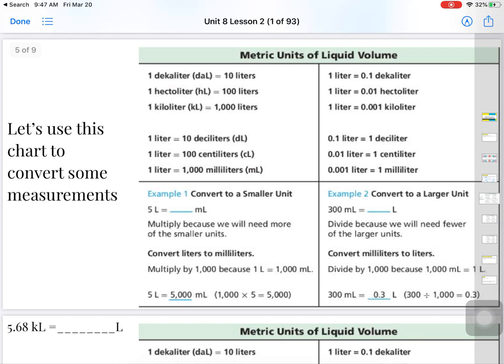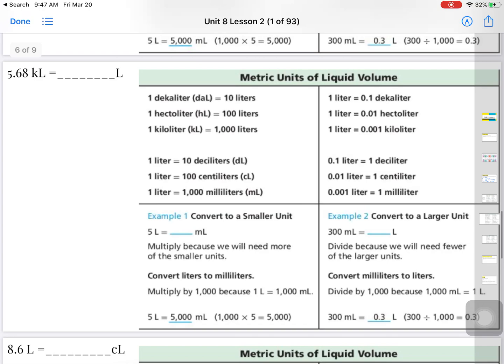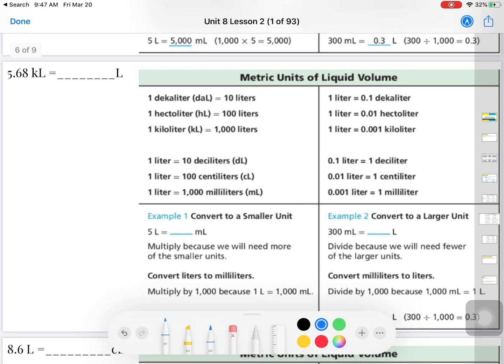Now we're going to go ahead and use the chart just like we did yesterday to do some conversions. So we're going to start with 5 68/100 kiloliters to liters. So I have 1 kiloliter equals how many liters? So I look over here, I look for 1 kiloliter, and I see that it equals 1,000 liters.